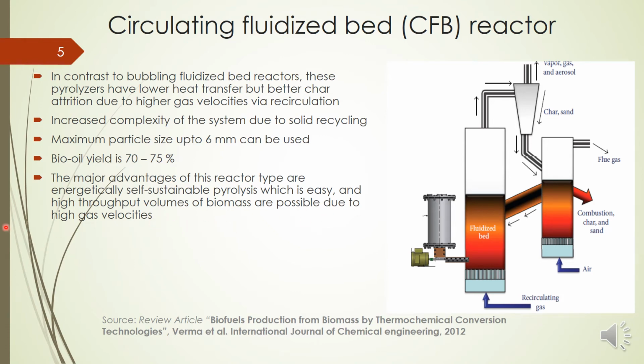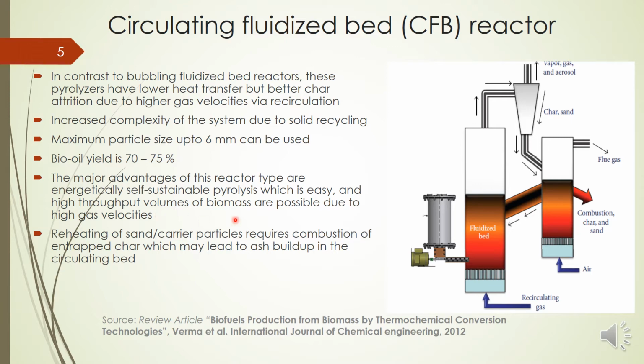With this high gas velocity, a high volume is also required in this type of reactor, and we are reheating the sand particles with the combustion of char, but that may lead to ash buildup in the circulating bed. As we are combusting this char for the required heat, some ash will be formed, and that ash buildup will be a problem with continuous use.